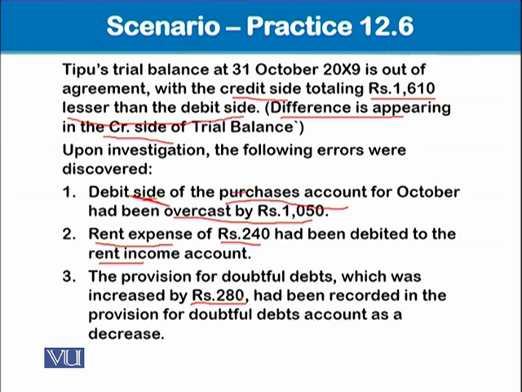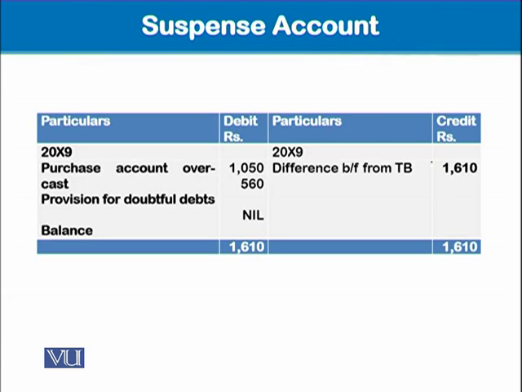All right. So first of all, just look into this 1,610. This is the amount with which credit side is lesser than the debit side. So this will be appearing in the credit side of the suspense account.